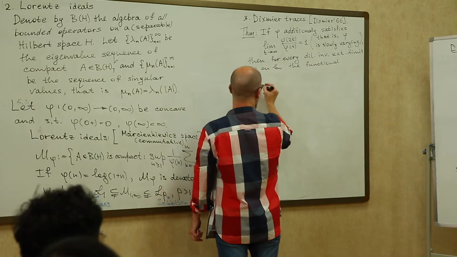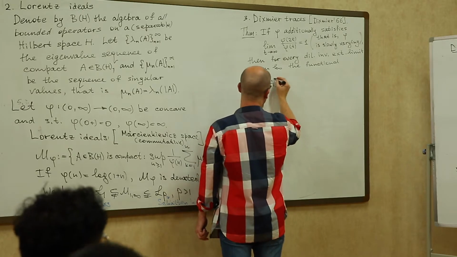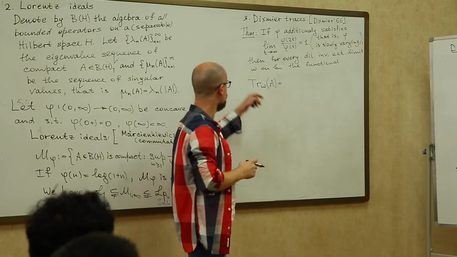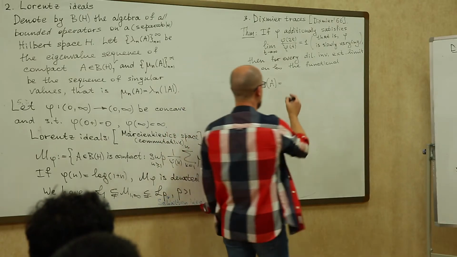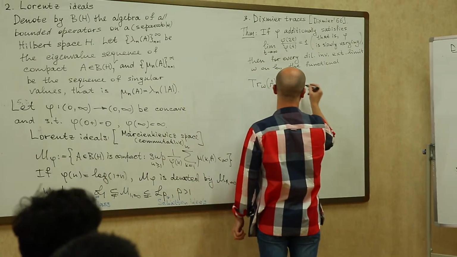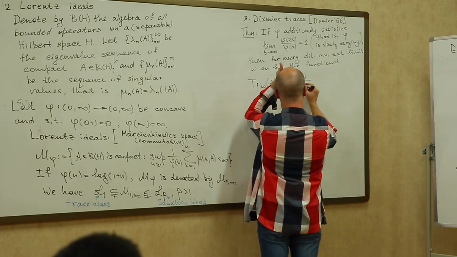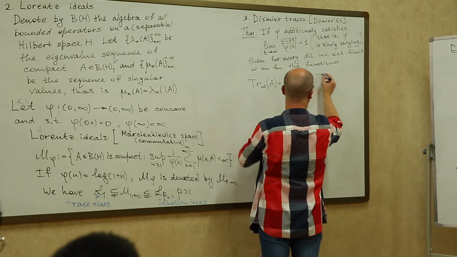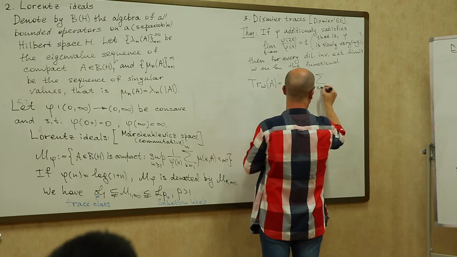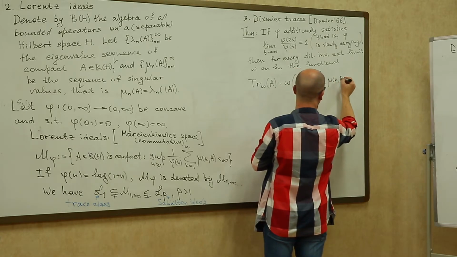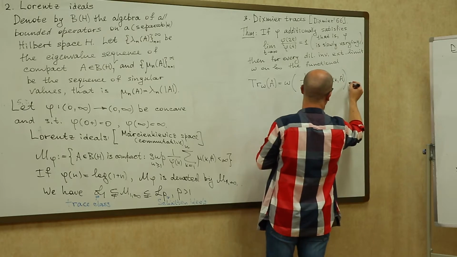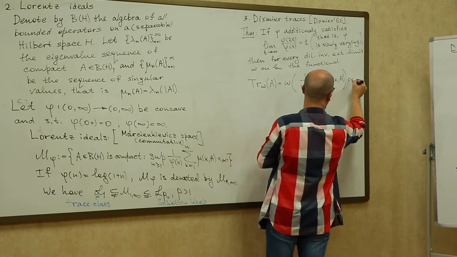And here is where the Dixmier traces come in. So we define this functional as omega of 1 on phi on n for positive operators.